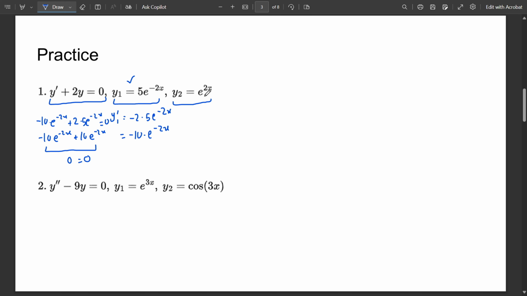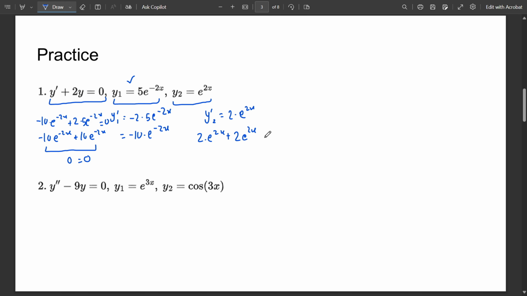And we have y2, which is e to 2x. So let's find the first derivative. So y prime is just 2 times e to the 2x. Just substituting this to here and this to here, we have 2 times e to the 2x plus 2 times y2, which is e to the 2x.